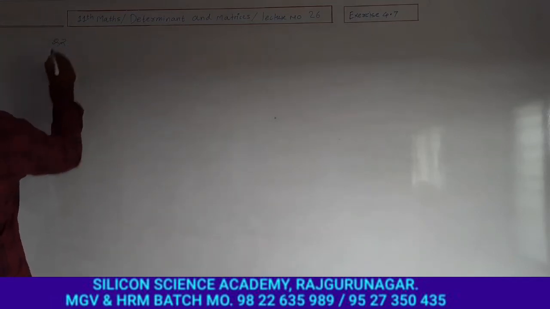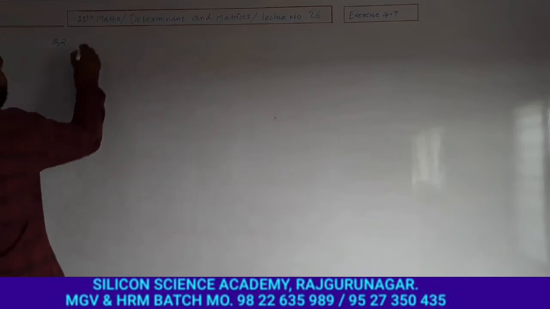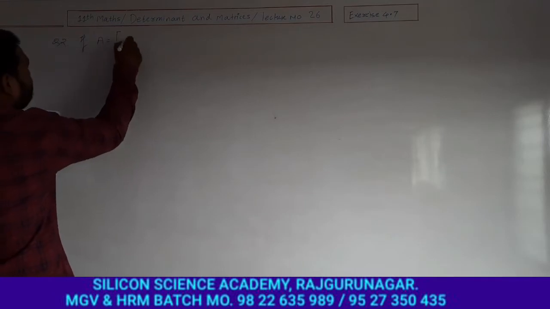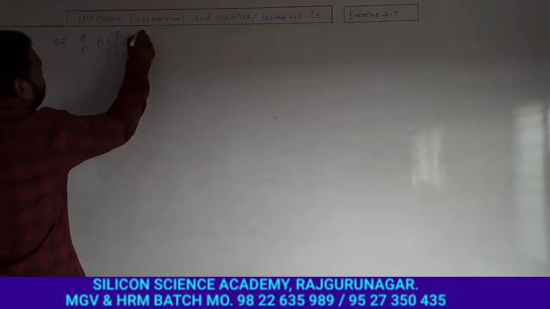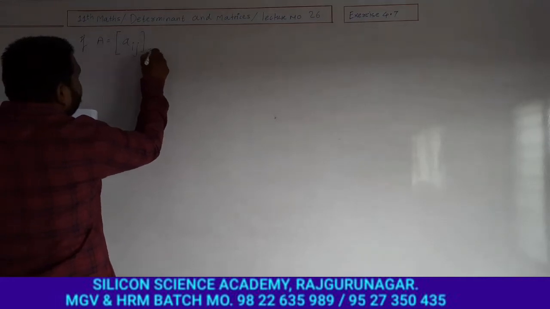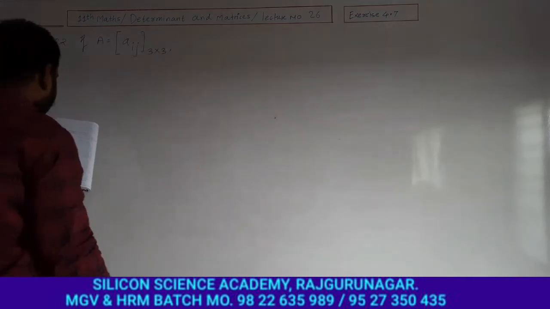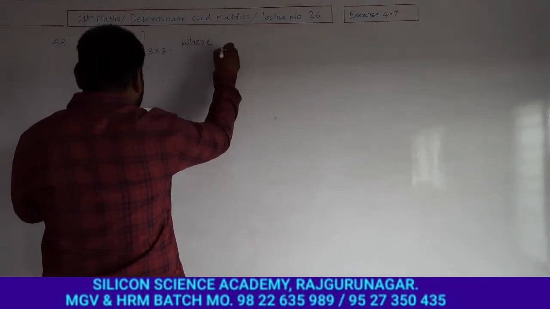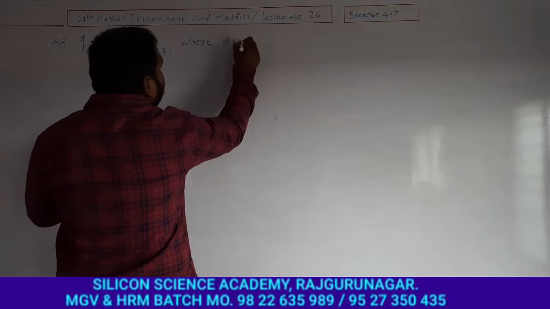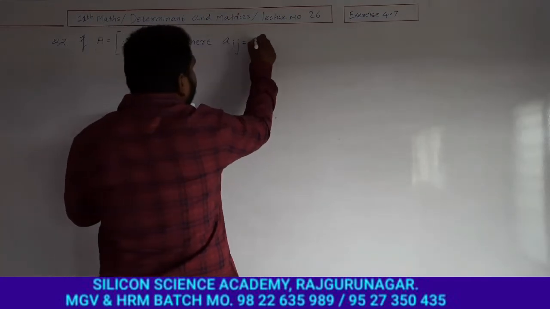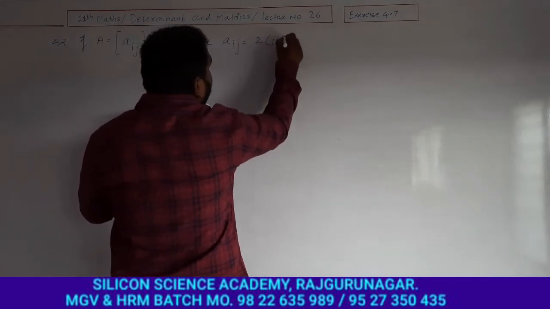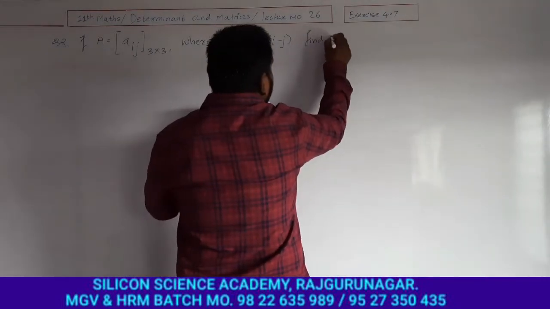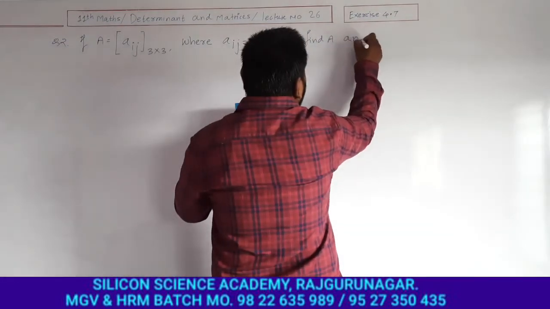Question number 2 is, if A is equal to [Aij], that is 3 by 3, where Aij is equal to 2 into i minus j, find A and A transpose.